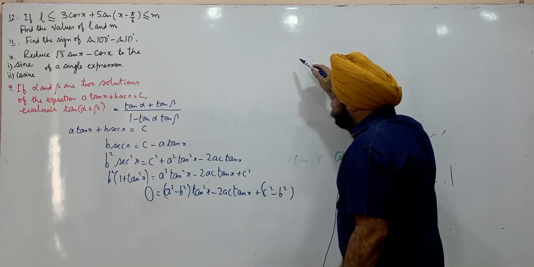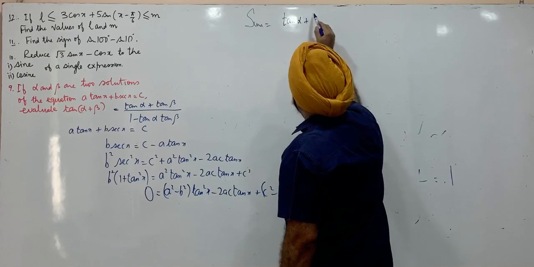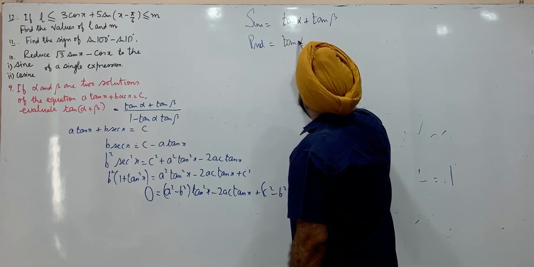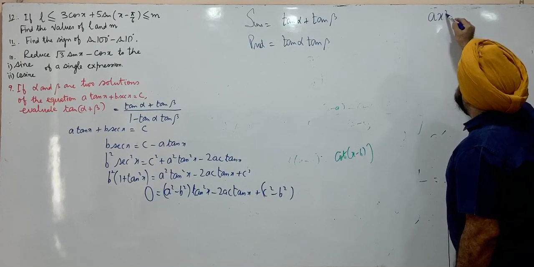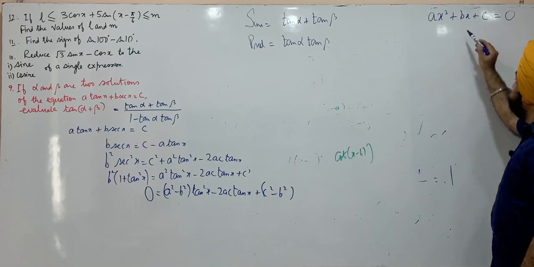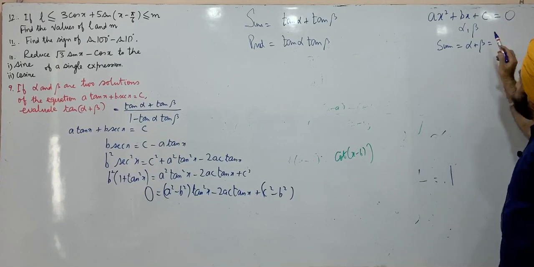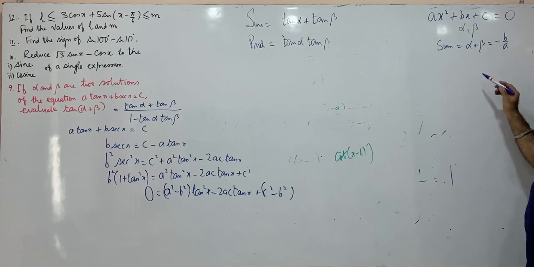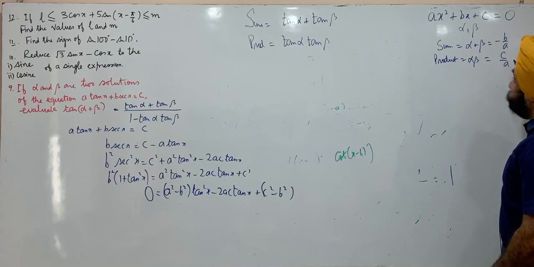Alpha and beta are two solutions. So we'll have sum of roots as tan of alpha plus tan of beta and product of roots as tan alpha into tan beta. Recall that if we have the quadratic of the form ax square plus bx plus c equal to 0, alpha and beta are two roots, then sum of roots alpha plus beta is equal to minus b by a, minus coefficient of x upon coefficient of x square, and product of roots alpha beta is c by a.